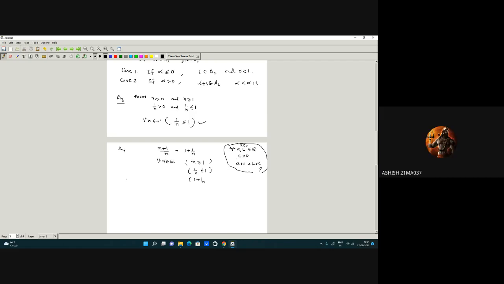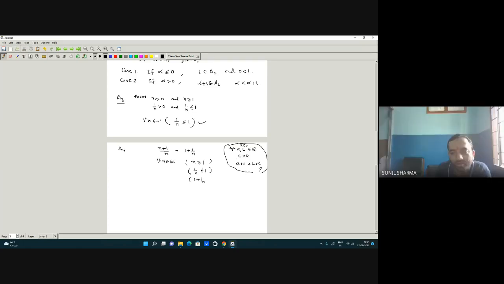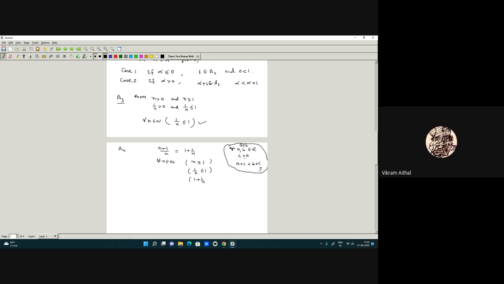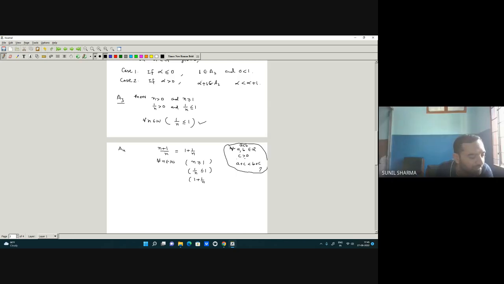Yes sir, Rahul? c greater than 0 नहीं होगा. For all a, b, c belongs to R. No. Now the question is, is it a complete statement? हाँ सर, आप क्या कह रहे थे? कंप्लीट है ये? Yes. Ashish? Yes, sir.